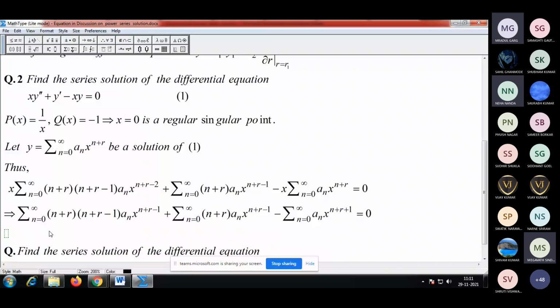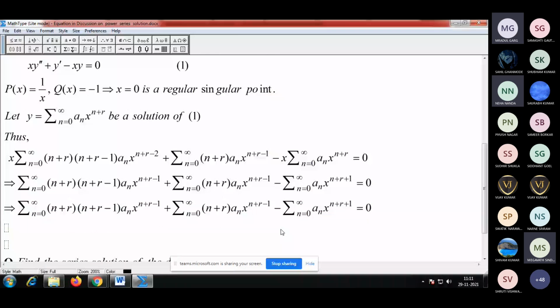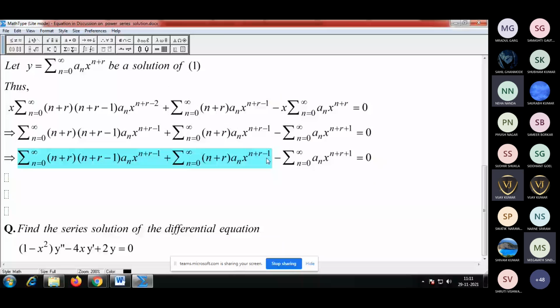You may think the first and second summations can be combined together, because the initial point is the same as well as the power of x. So x to the power n plus r minus 1 and a n can be taken common, and n plus r will also be taken common.